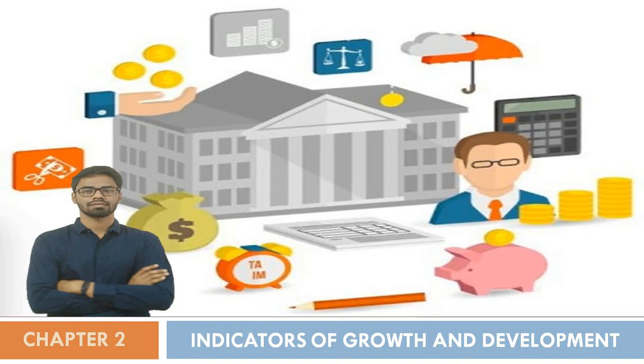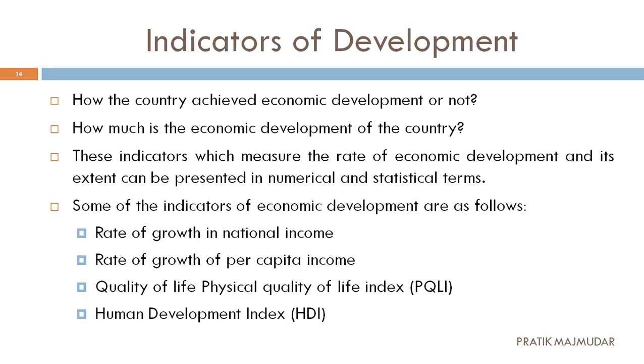There are four different types of indicators we are going to use: one is the growth rate of national income, then per capita income, then PQLI, and the last one is HDI. We will discuss only two of them today. In the next video, we are going to see the other two. So let's start our session.